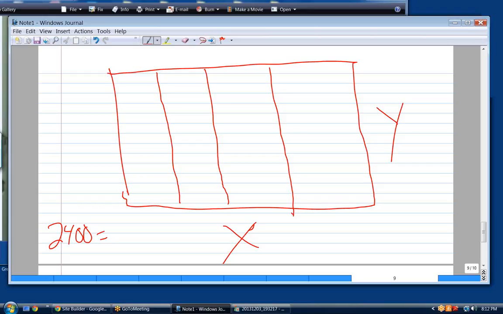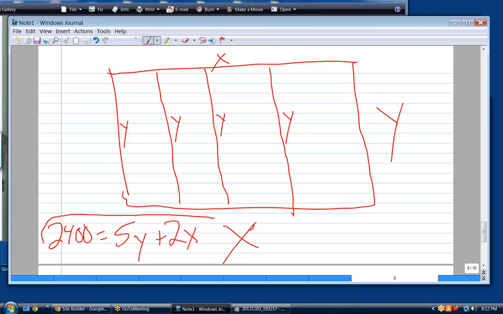Each of the lengths of these lines has to add to 2,400. So we have a Y there, a Y there, a Y there, a Y there, and a Y there, and we have an X up there. Is it 5Y plus 2X? Uh-huh. Okay, so that's one equation.